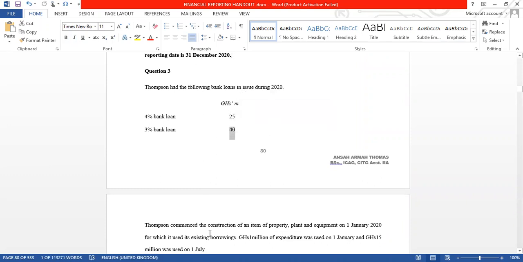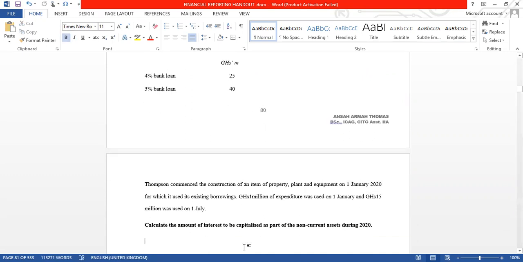And Thompson commenced an item of property, plant, and equipment. Date is very important. This is the date for which it used existing borrowings, and these are the existing borrowings. 1 million expenditure was used on January 1, and 50 million was used on July. We are supposed to go through and determine the borrowing cost.